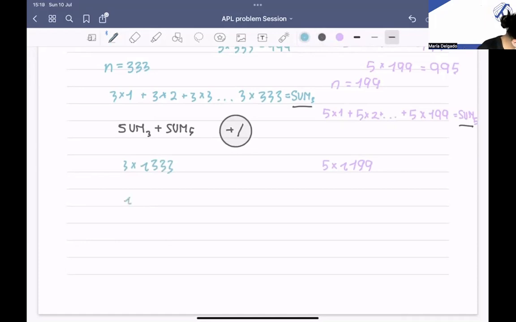If we have iota 5 and we do the plus reduction, we will get the sum of all the values inside of the iota 5. So it's 1 plus 2 plus 3 plus 4 plus 5, but we won't need to put all the sum signs. It just makes our work easier.